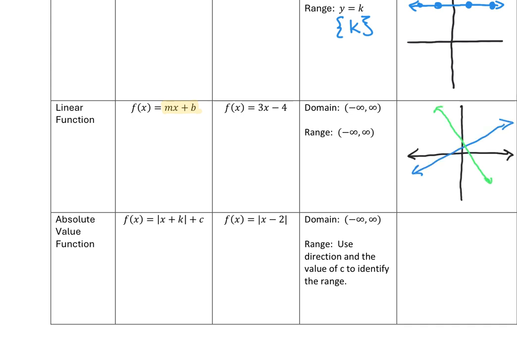Now, if we analyze this graph a little bit, notice that my arrow goes forever to the left and forever to the right, which means that my domain is negative infinity to infinity. And my range, what we have is that this goes forever up and forever down on either side. And so my range is also negative infinity to infinity.